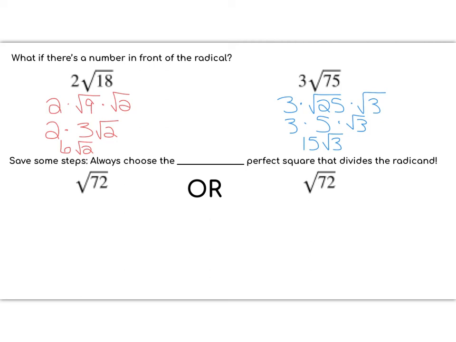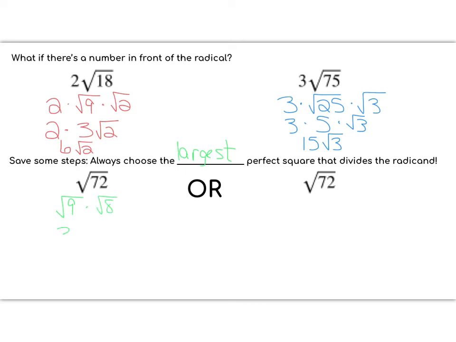Now, one thing to help yourself so that you don't have to simplify more than once is to always choose the largest perfect square that divides the radicand. And I'm going to give you an example of this. Okay, so the square root of 72. I'm looking at that, I'm going, okay, what goes into 72? And I know 9 does. So I could split this into the square root of 9 times the square root of 8.